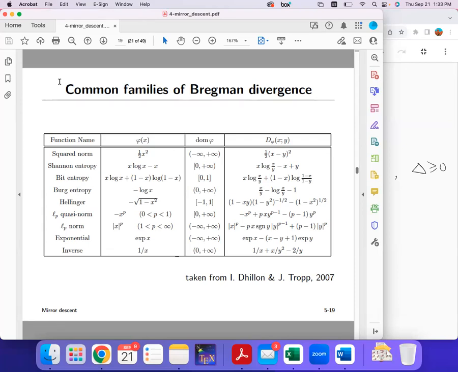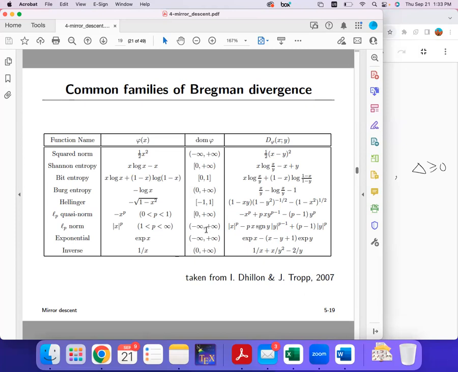But all these examples in this table are useful for solving a specific type of problem. Some of them are very useful when solving problems in quantum mechanics, quantum physics. But I don't have time to go over all of them.